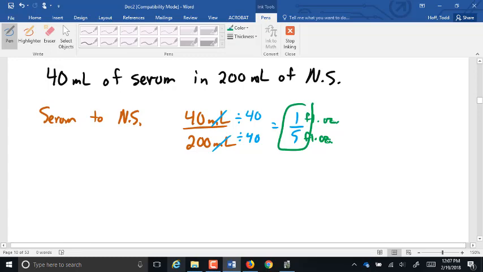Or it could be 1 pint to 5 pints, or 1 grain to 5 grains, or whatever unit of measurement we want to use there can be used as long as we use the same unit for both. Because the actual units within the original measurements cancel out, it no longer matters.